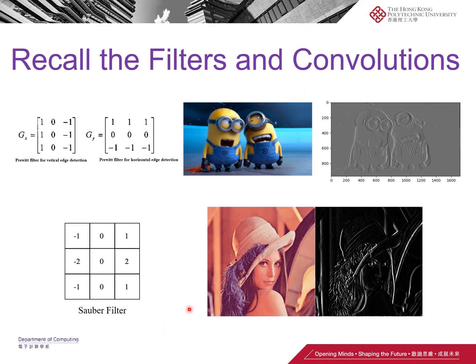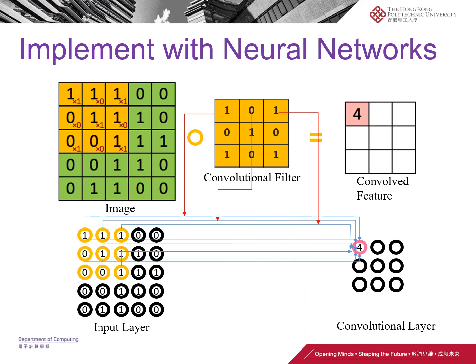That means we use each filter as an investigation window covering the image, and then we investigate the original image pixel by pixel, position by position, to generate the information we want, for example, the edges of the original image. This is the convolution that we have introduced. You can see from here that it can be implemented with neural networks as well.